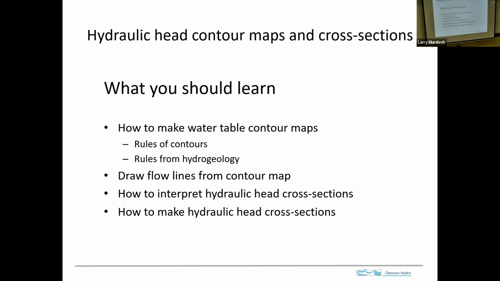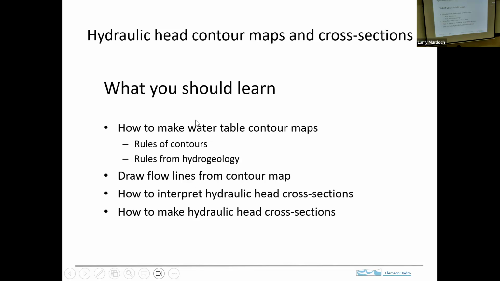I feel like I'm safe. Yeah. Hey, folks, let's get started. So there's handouts circulating around. Also use the handouts from last time, so we still have those. Want to continue on with the improving maps of hydraulic head and maps in the process. So here's some things that you should learn.